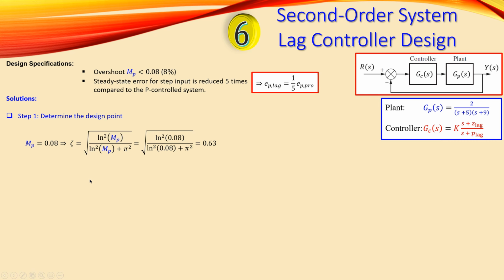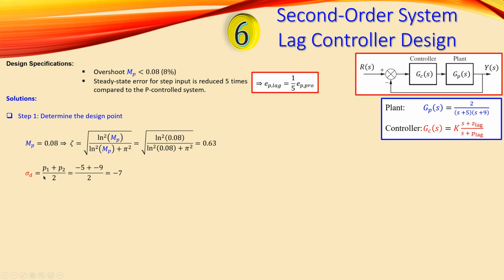In this case, I look at my plant, and this has a pole at -5 and a pole at -9. So in this case, before we start with the lag controller, the proportional controller will be our reference. I can say the following. P1 is the first pole of the plant, and P2 is the second pole of the plant.